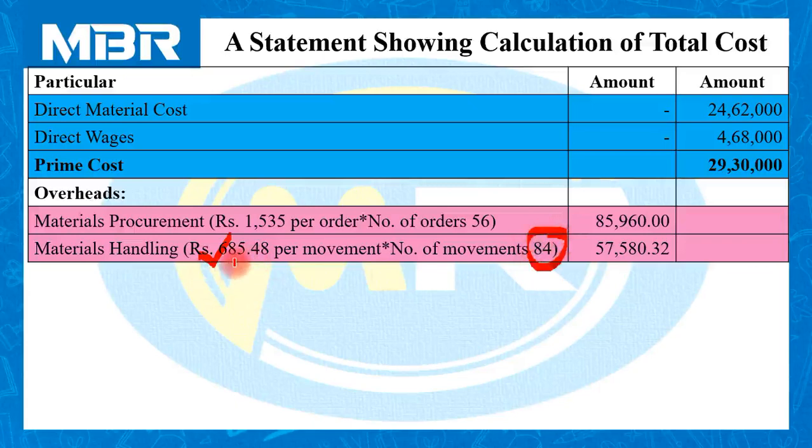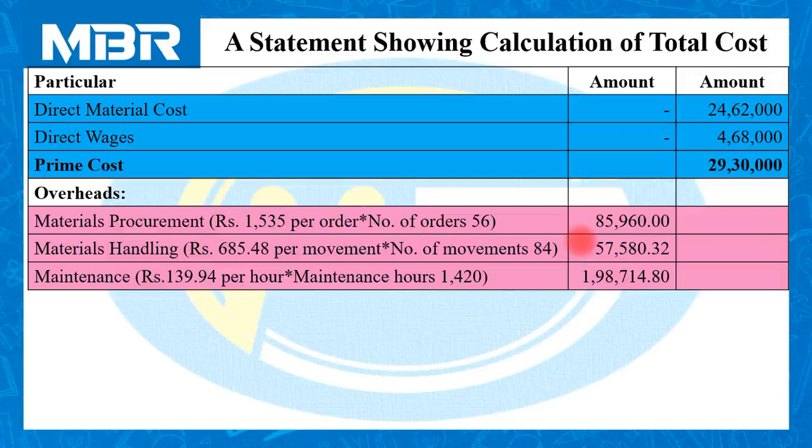So 685.48 multiplied by 84. So the cost on materials handling for this project is 57,580.32. Third activity is all about maintenance.